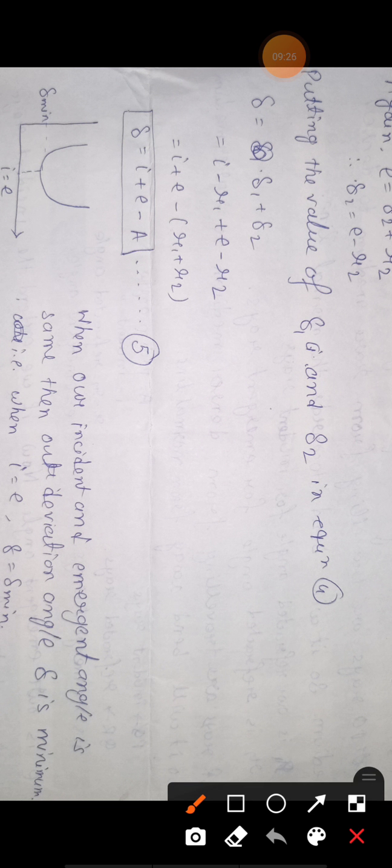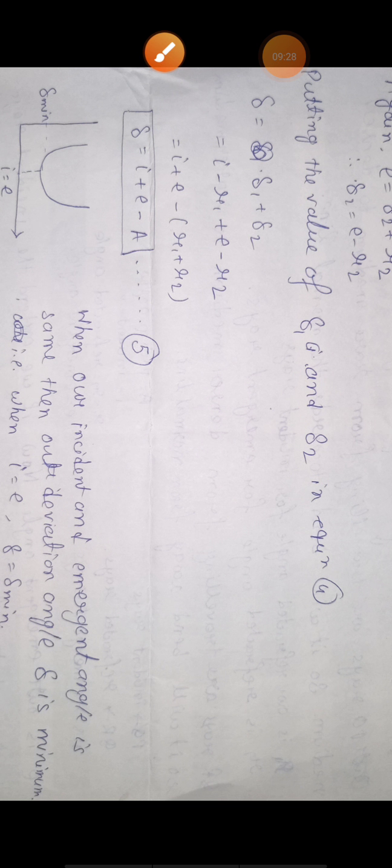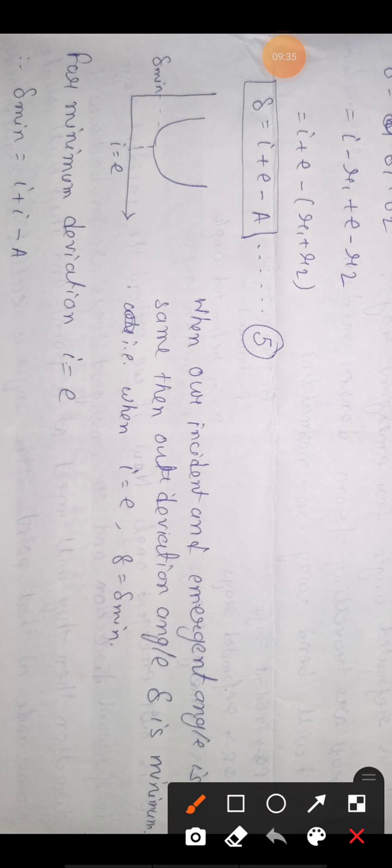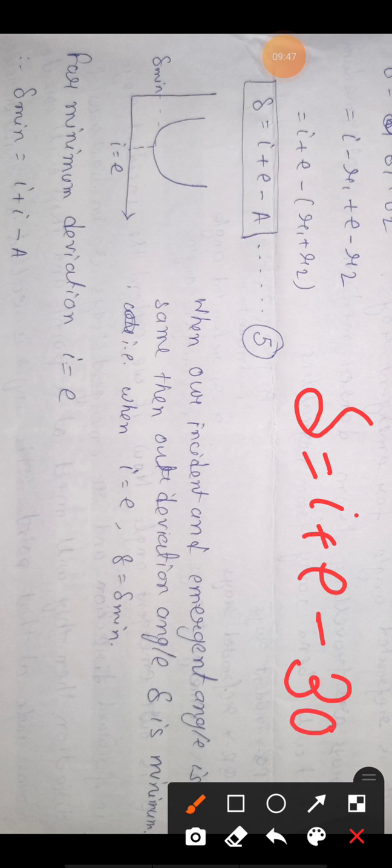Now what can you say from this equation? Delta is equal to I plus E minus A. So when will delta be maximum and when will delta be minimum? Suppose I am assuming the value of A is 30 degrees. When I plus E is maximum, then delta will be maximum.